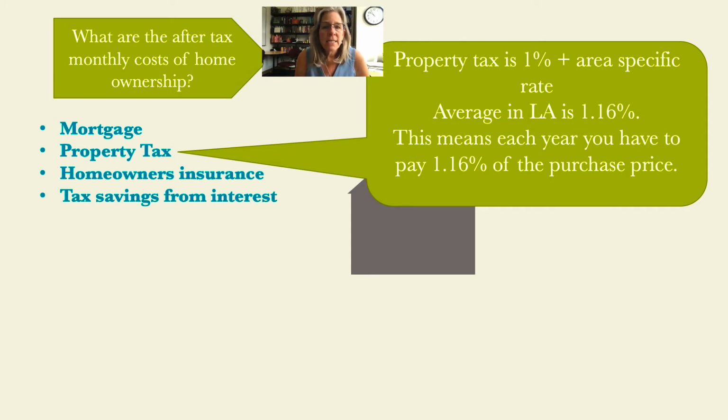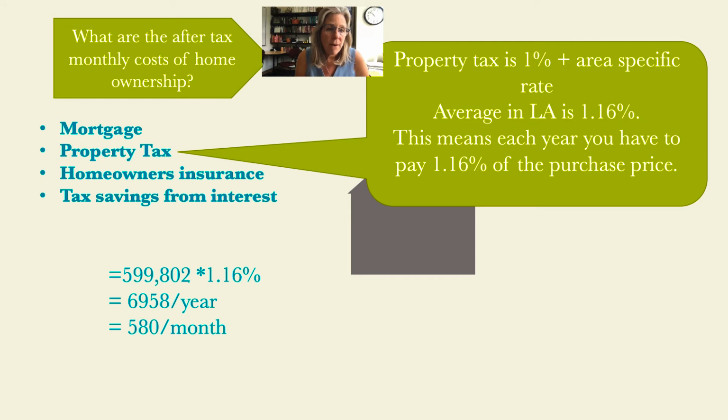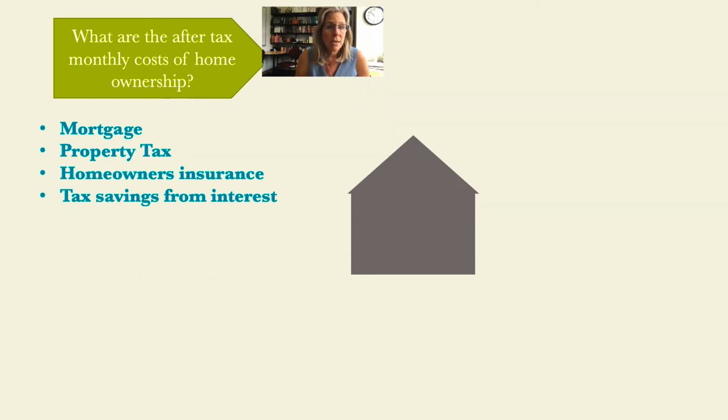And this means that it's 1.16% of the purchase price you have to pay every single year. So we look at the $599,802, we multiply it by 0.0116, and we get $6,958 per year, or approximately $580 a month. So you can see now we have not only a $2,500 payment on the mortgage, but we have a $580 property tax. So that adds to the cost.